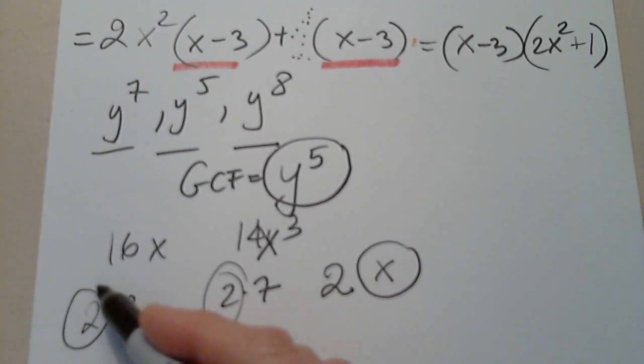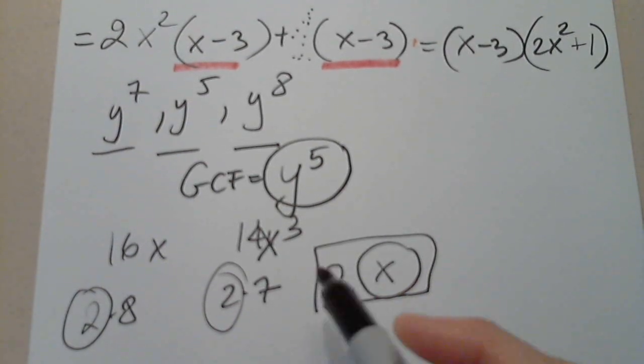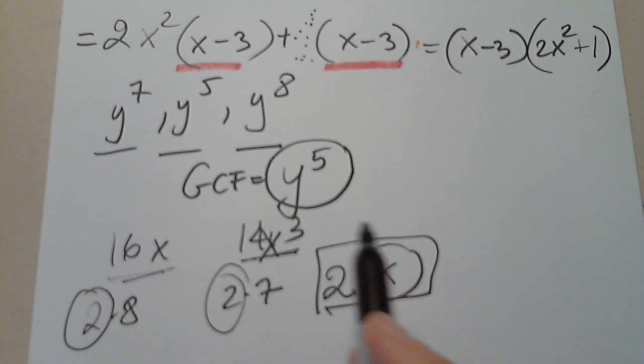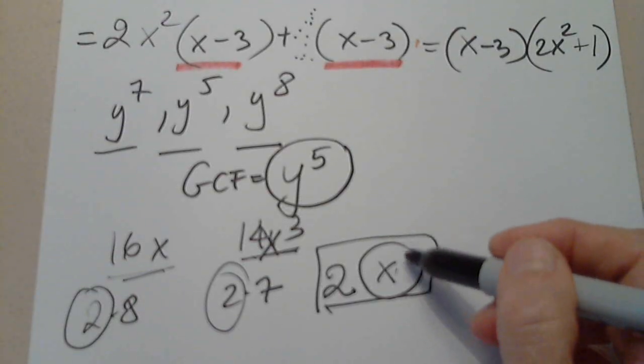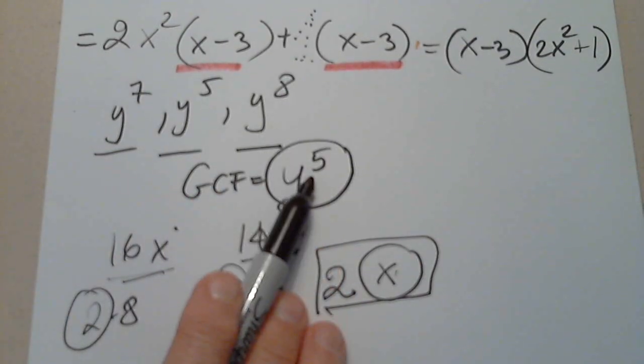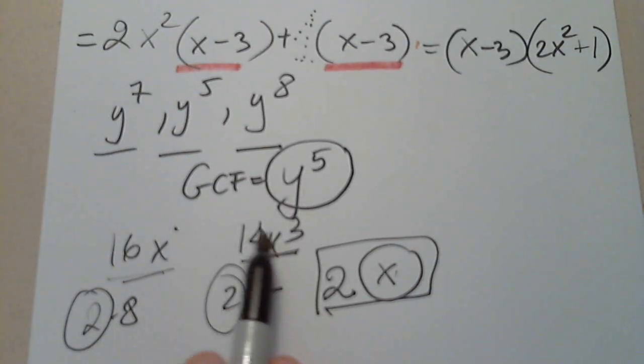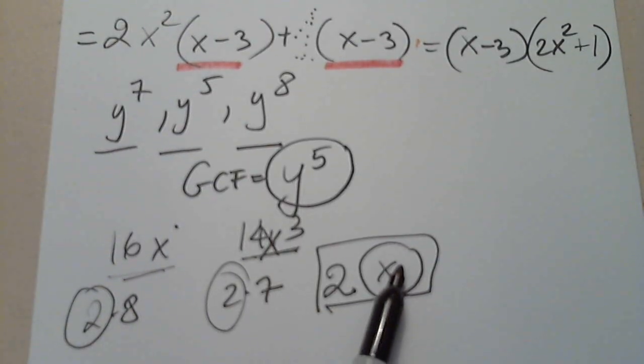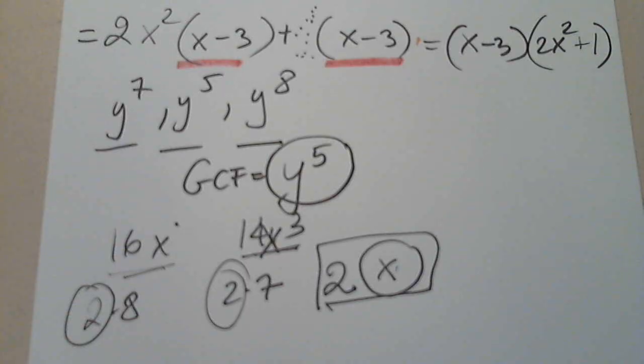So 2 is the common factor, and also x to the power 1, because that's the smallest, like here, 7, 5, and 8, I had to choose 5. 1 and 3, I have to choose 1. Good.